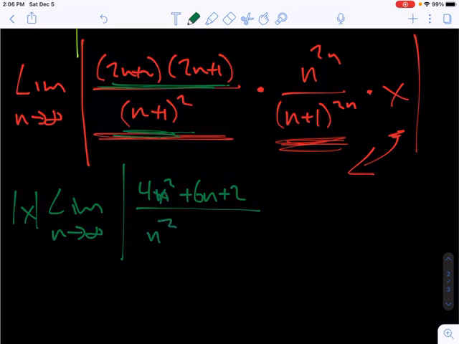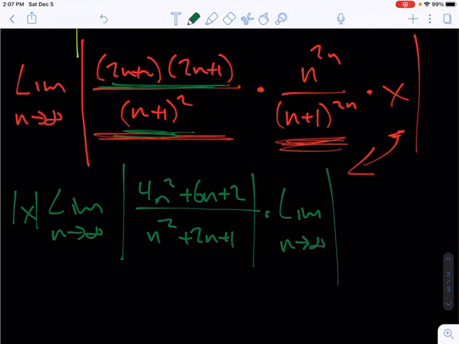Oops, that's supposed to be an n up there. My bad. That should be an n squared plus 2n plus 1 times the limit as n approaches infinity of n to the 2n over n plus 1 to the 2n.